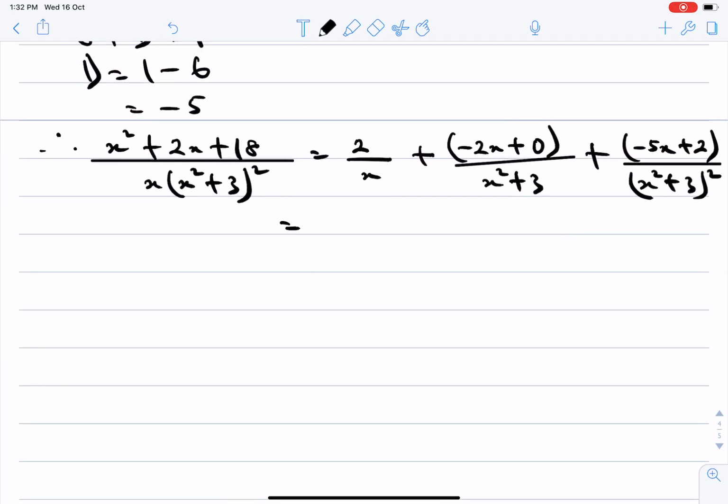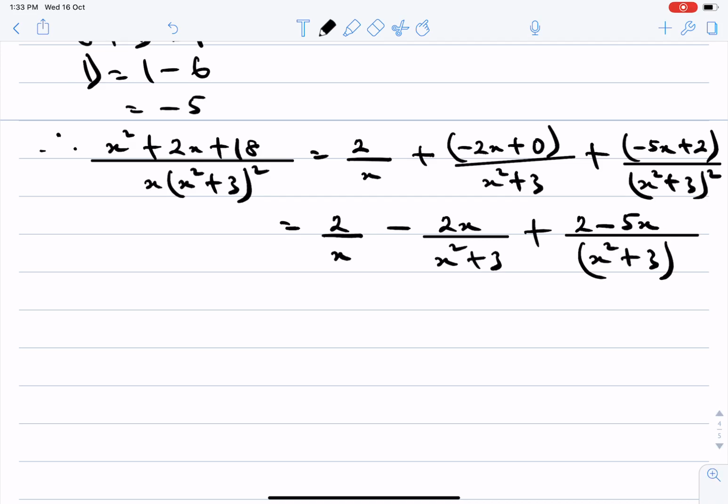So that's 2 over x, minus 2x plus 0 is minus 2, so that's the same as minus 2x over x squared plus 3, plus, I can write minus 5x plus 2 as 2 minus 5x over x squared plus 3 squared.